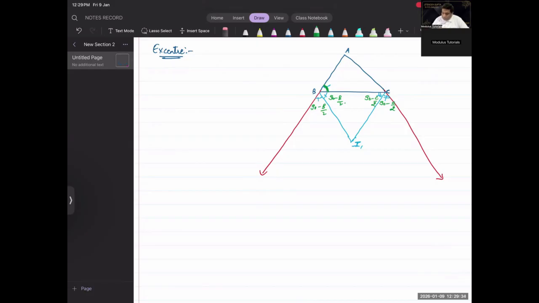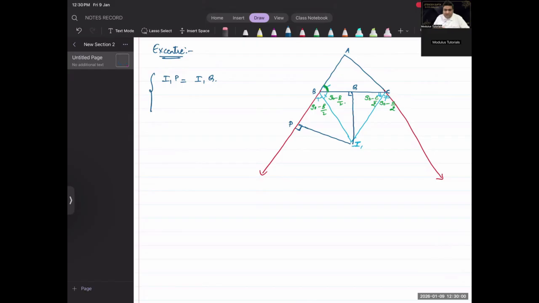Now, because I1 is drawn through the point of intersection of external angle bisectors, it is expected that this will be equidistant from here and here. Got it? So let's say this is maybe P. Let's say this is Q. So it is expected that I1P by definition will be equal to I1Q.